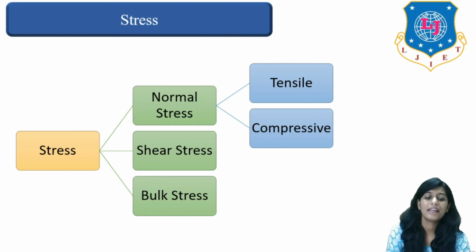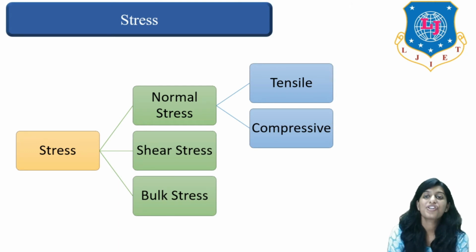The third one is compressive stress. So, what do we mean by compressive stress? A compressive stress occurs due to compression or compressive action. Clear? In this, the length of the object decreases or gets shortened, right?